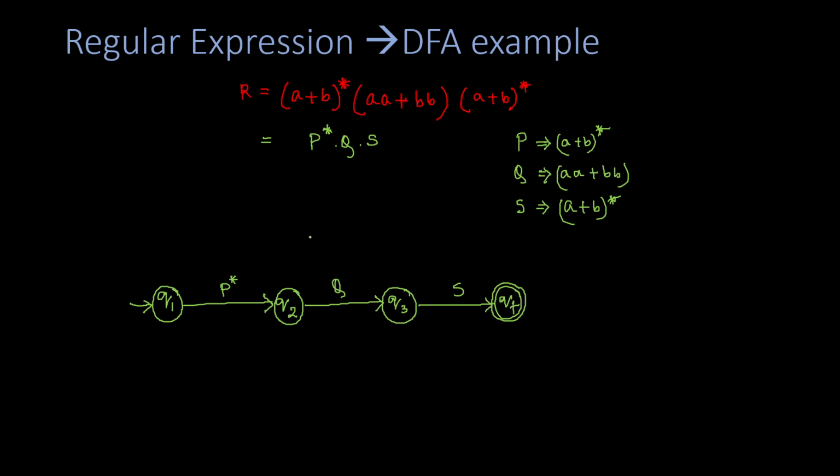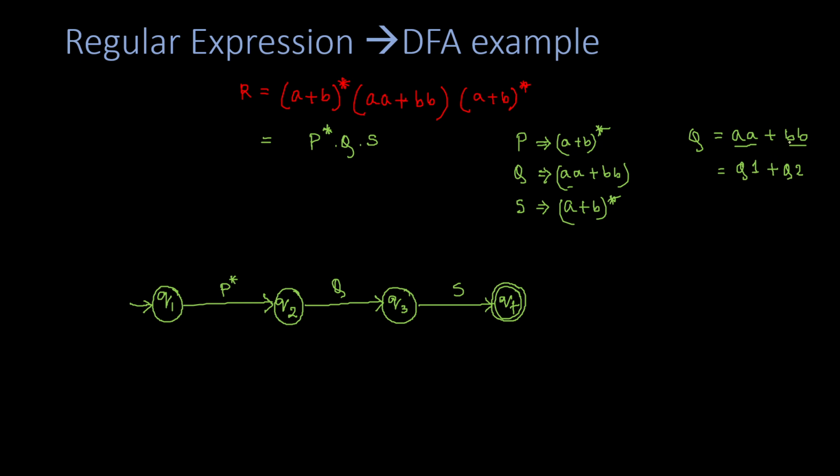So what you have to do now is break down this P, Q and S. Since Q represents AA+BB, in place of Q you can write AA+BB, and also write that Q equals Q1 plus Q2, where Q1 and Q2 are two separate regular expressions representing AA and BB individually.